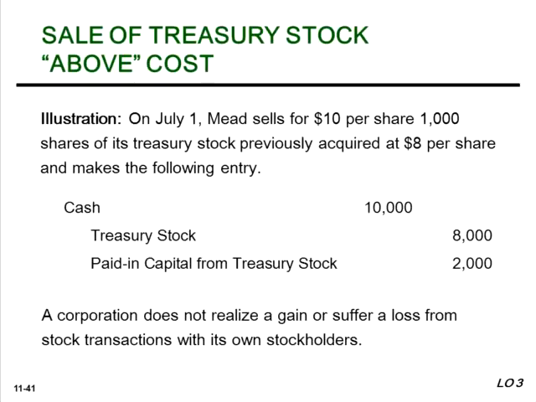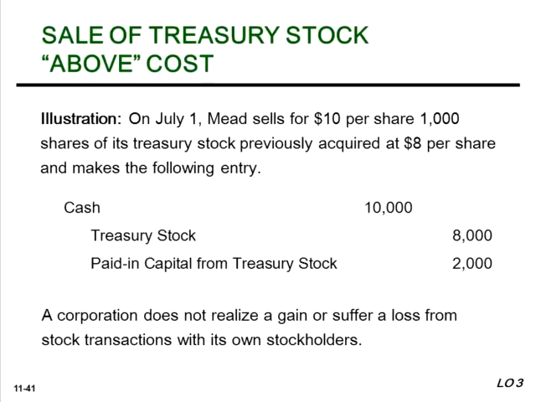We credit treasury stock for the cost basis. So Mead had bought back the stock at $8 per share, so we're taking the $8 per share and multiplying by 1,000 shares. So we're crediting treasury stock for $8,000. The excess is credited to paid-in capital from treasury stock. So what that does is it increases paid-in capital by $2,000.